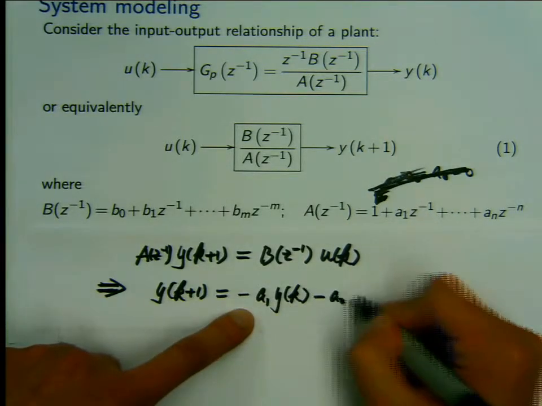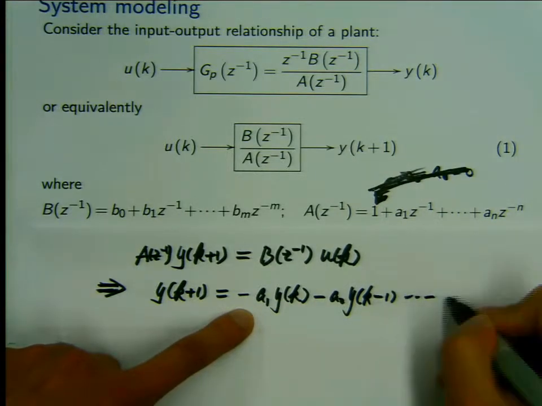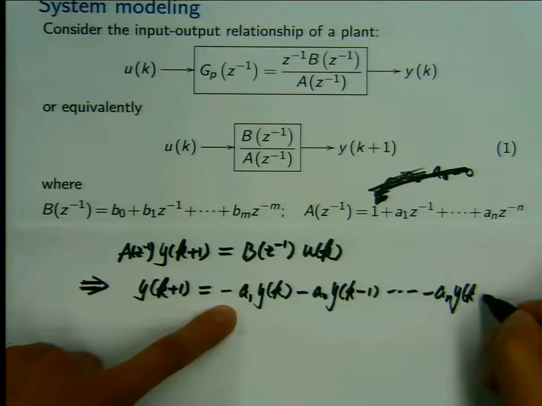Then minus a2, yk minus 1. Then all the way to negative an, yk, let's say, what's the index? I think it should be yk plus 1 minus n.